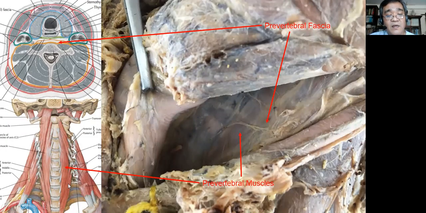Okay, medially, this is your cervical vertebrae. And this is the vertebral fascia, the one in orange, which surrounds the prevertebral muscle as well as the muscles of the posterior part of the neck.